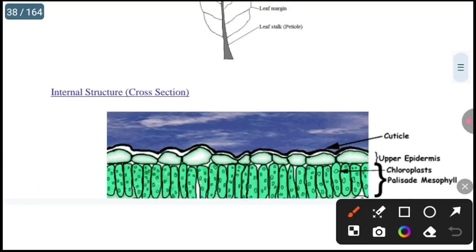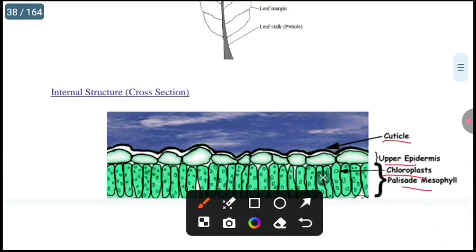So in the cross-sectional structure, we have the cuticle, the upper epidermis, the chloroplasts, and the palisade mesophyll. Okay, so the cuticle is a very smooth part of the leaf.